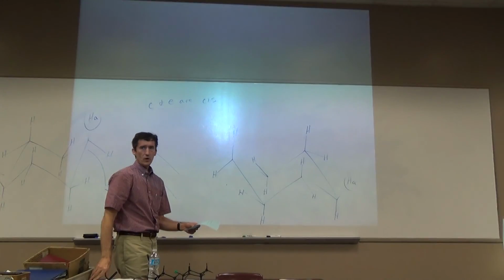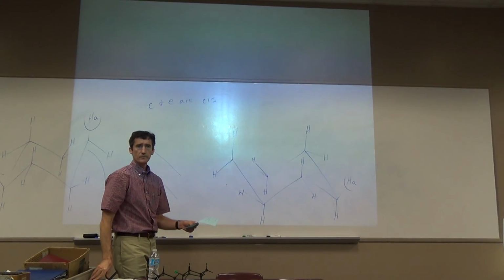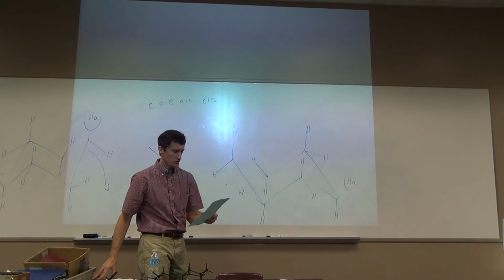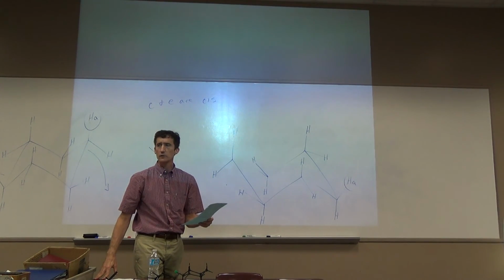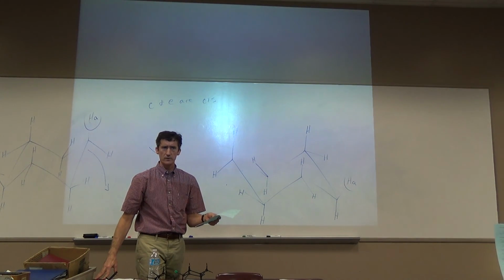Next, it's going to have the largest groups equatorial. What's the larger group, bromine or fluorine? Bromine. Ah, but you got 2. Are they both going to be equatorial? Not necessarily. They both have to be cis. They're cis to each other. Can they both be equatorial, be cis?